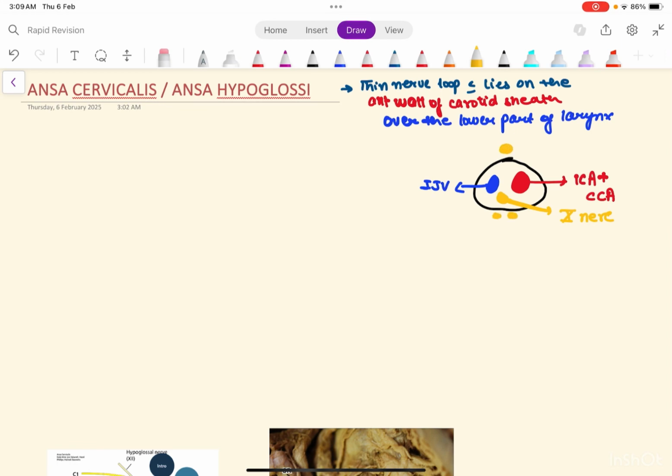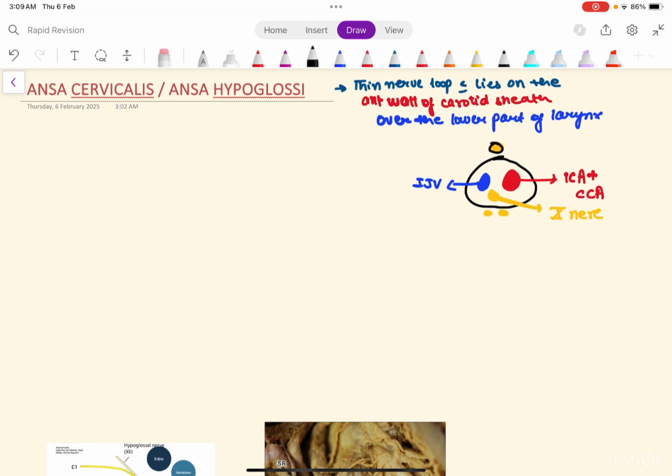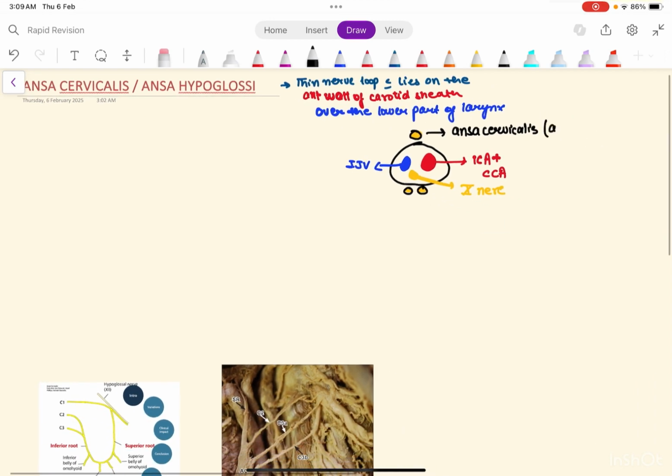Then we have two things here. This is Ansa cervicalis, on the anterior wall, and this is the sympathetic trunk on the posterior wall.